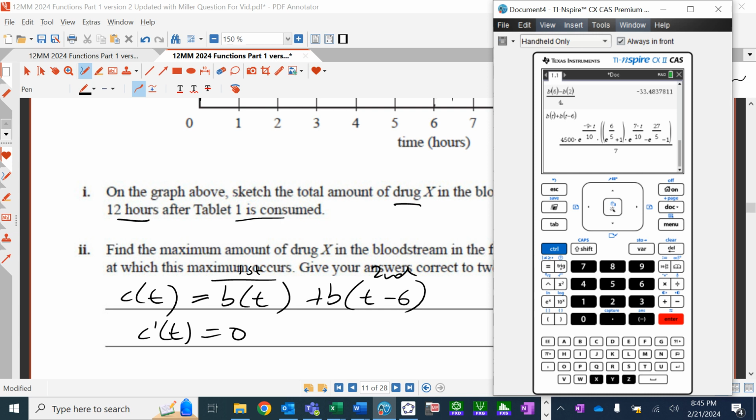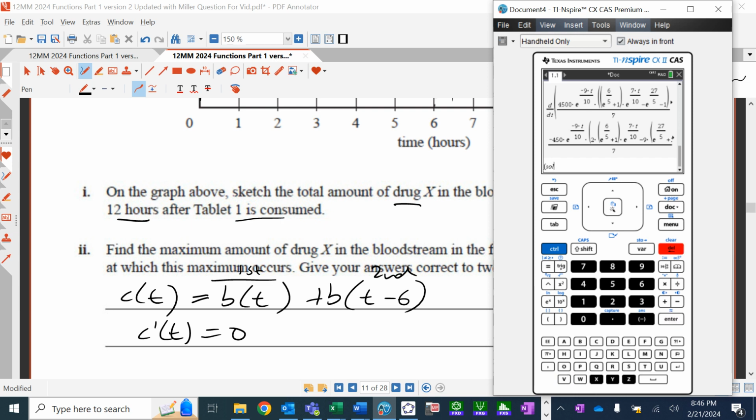All right, then what we'll do is we'll go shift minus for a derivative, d dt of that long nasty thing sitting in the answer slot. So derivative of the thing sitting in the answer slot. And it says it's this thing. Okay, so we don't really want to write that, and that's why we write just c dash t equals 0.